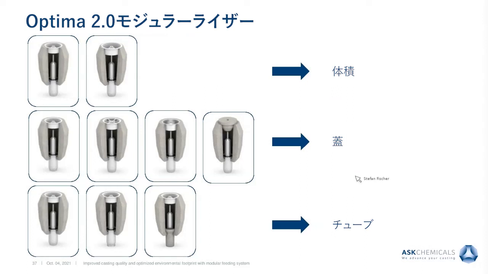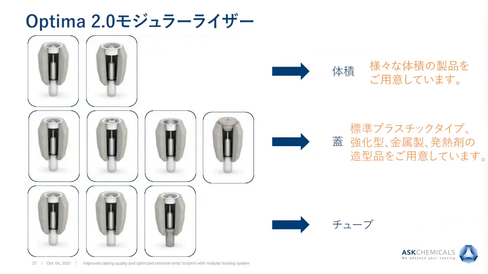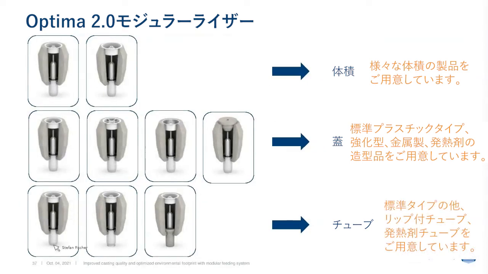So this shows the summary of all the possibilities we have. We can work with different sizes of lids, which gives different volumes. We can use the standard plastic lids, the reinforced lids, metal lids, and also exothermic lids. And we have the different tubes: the standard tube with pearls, the tube with lips, and also the exothermic tubes.